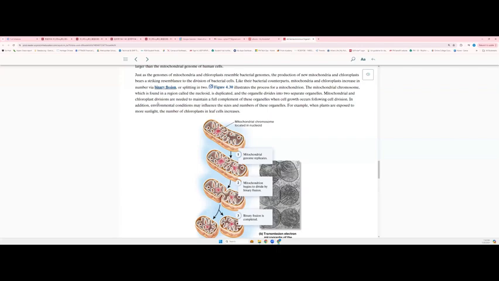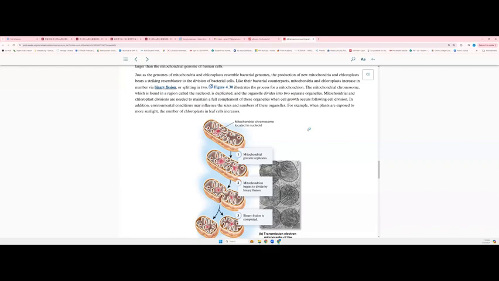So in this way, mitochondria and chloroplast division are needed to maintain a full complement of these organelles when cell growth occurs following a cell division. So basically, when a cell divides, not only the nuclear genome will divide. The mitochondria and the chloroplast will also replicate and divide to supply enough of them during cell growth.